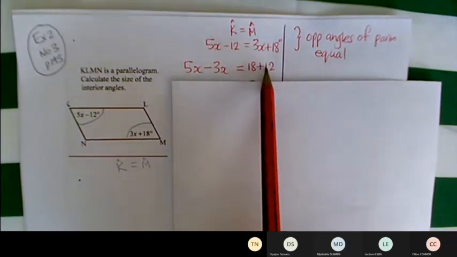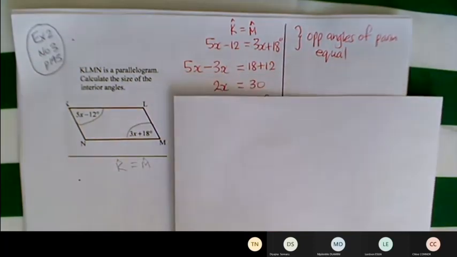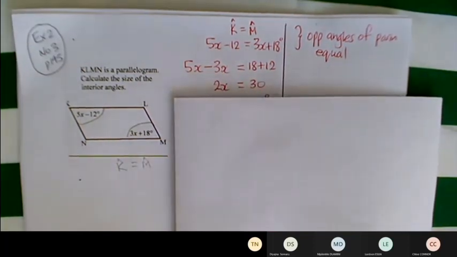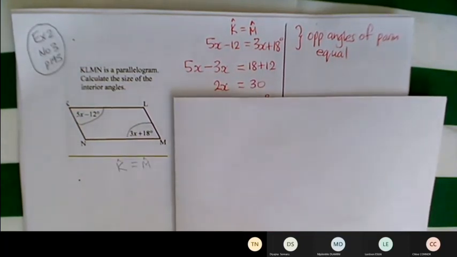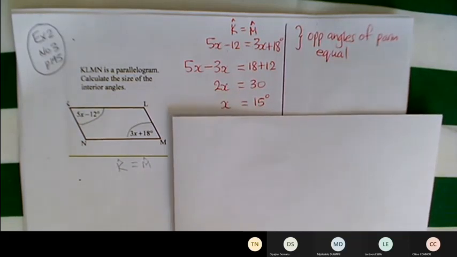So inverse operations: 5x minus 3x will give me 2x, and 18 plus 12 will give me 30. So 2x is equal to 30. Divide both sides by 2. We'll be left with x on the left-hand side, and on the right-hand side 30 divided by 2 will give us 15. x is equal to 15. All right, not too difficult. That was kind of an easy one.